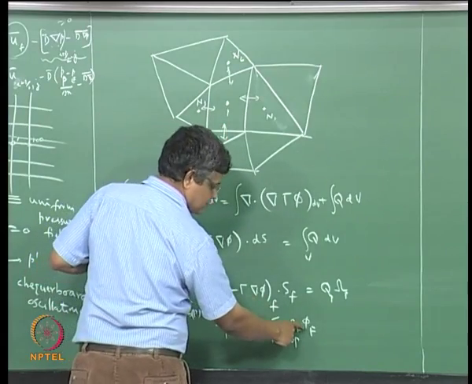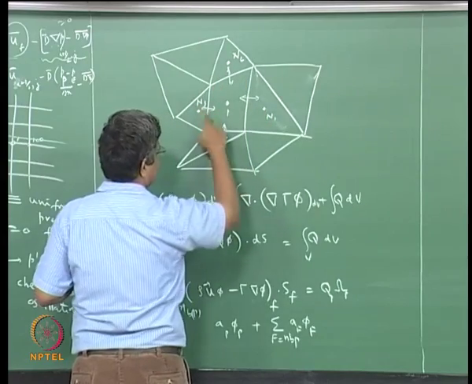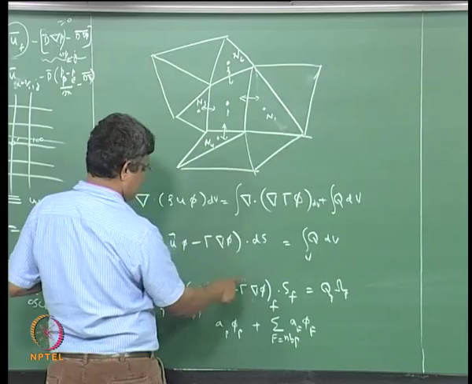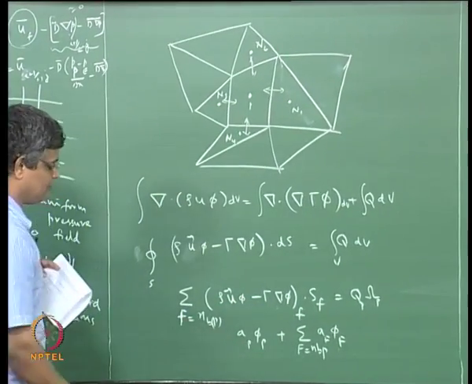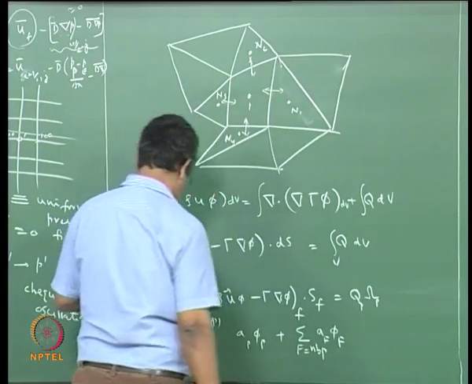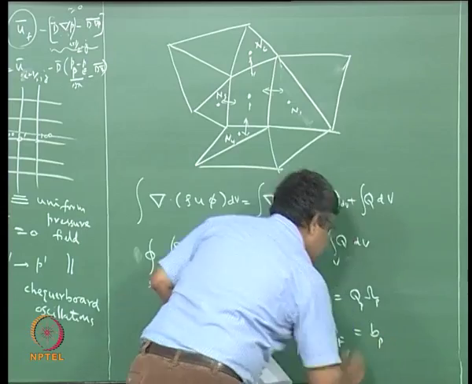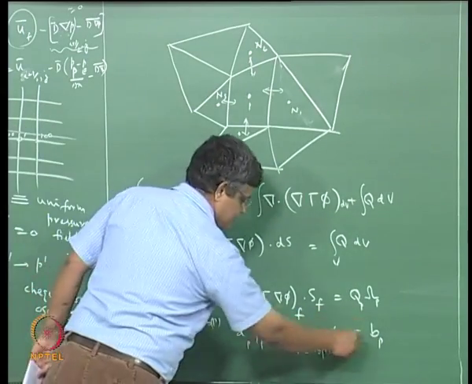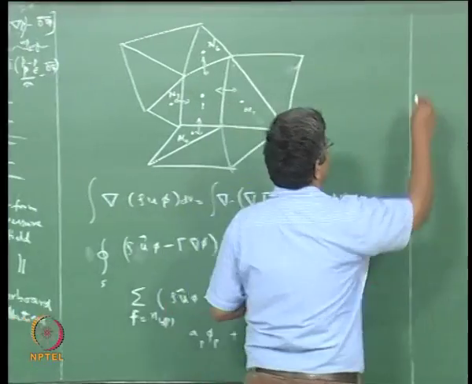So phi F is the value of the variable at the neighboring node, which is denoted by capital F. Here the neighboring face is denoted by the small f, and this is the capital F here, equal to some BP.